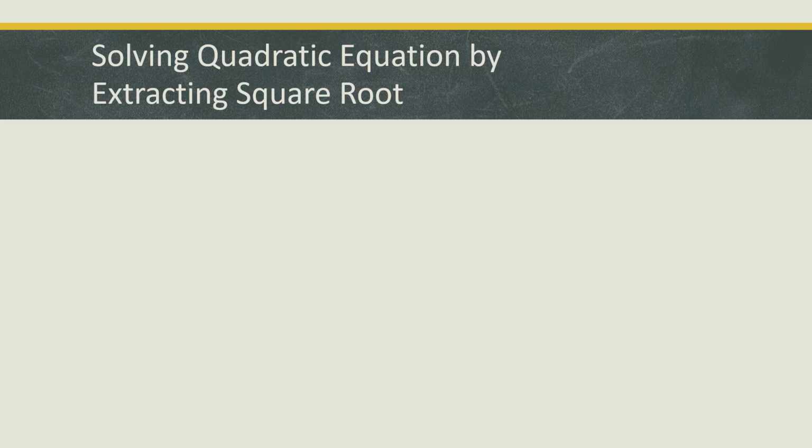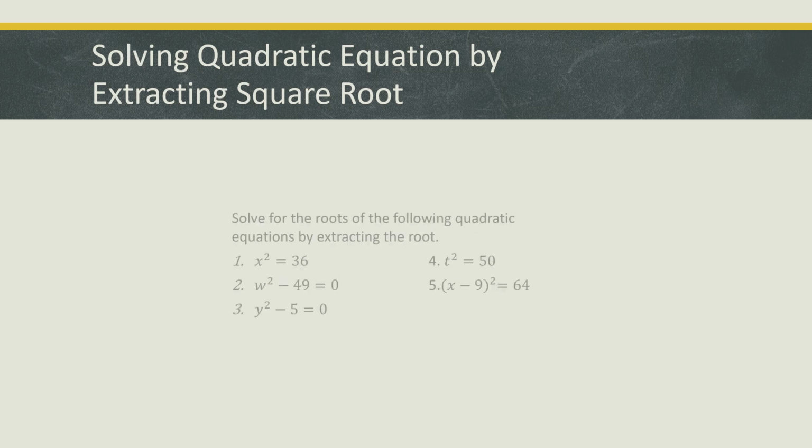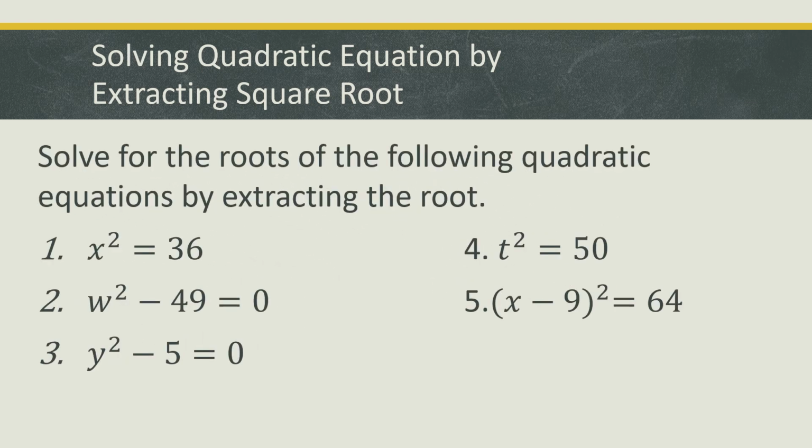Let us have some examples for us to know how this extracting square root method works. Solve for the roots of the following quadratic equations by extracting the root. So first example, we have x squared equals 36. It is already in a form of x squared is equal to k.